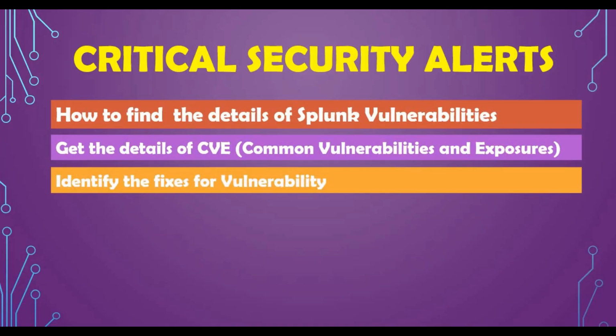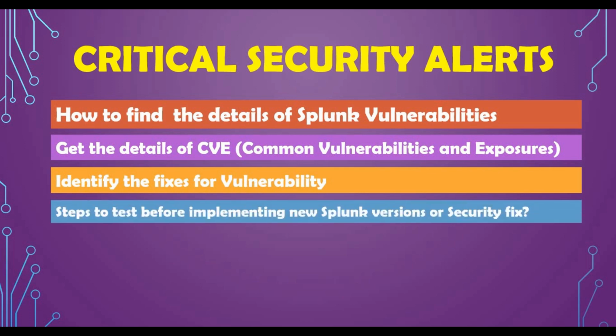Now we have also identified the fix for the vulnerability. In our case, it says you need to update to Splunk 9.0. But is that so simple? It's not as simple as you think, because you have a Splunk instance with multiple kinds of configurations. You must be using a lot of apps, maybe a database app, or the Splunk Linux app for getting some logs, or a New Relic app, or other apps for JMX.